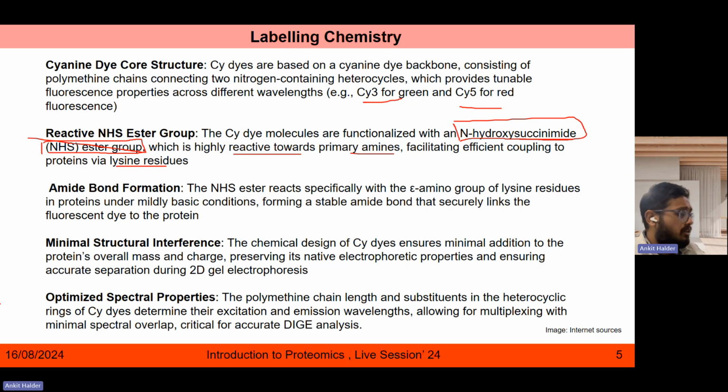And optimized spectral parameters are there. The polymethine chain length and substituents determine their excitation and emission, allowing for multiplexing with minimal spectral overlap, critical for accurate dye analysis.